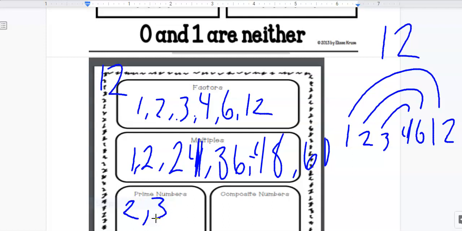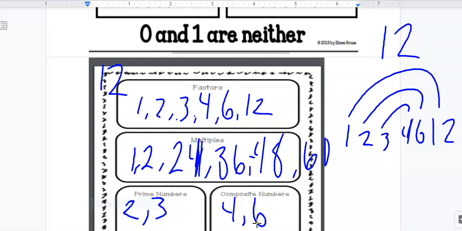Now 4 is not a prime, right, kiddos? Because you can have 1 multiplied by 4, and you can also have 2 multiplied by 2, so that is a composite number. It has more than 2 factors. The same goes with 6. 1 multiplied by 6 is 6. 2 multiplied by 3 is also 6, so that makes that a composite.